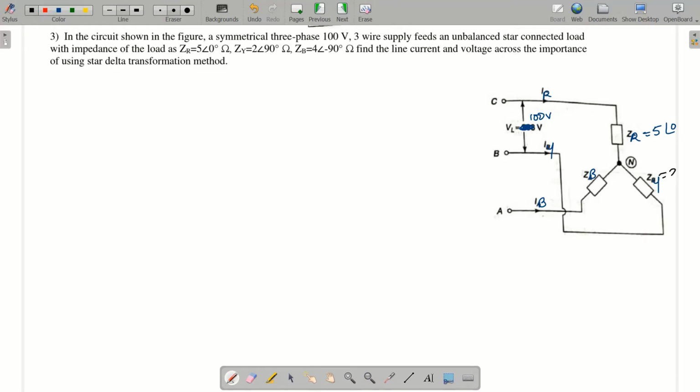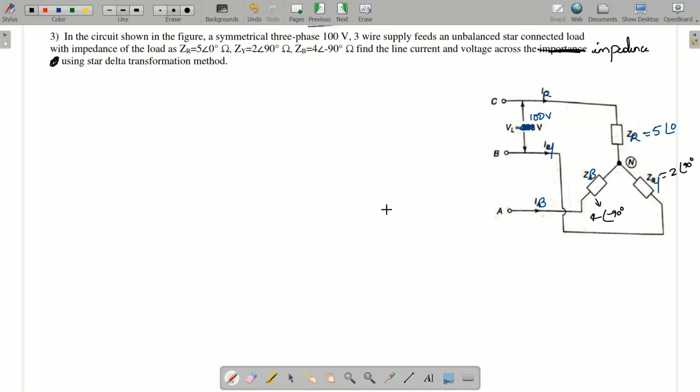ZY will be 2 at an angle of 90 degrees. ZB will be 4 at an angle of minus 90 degrees, means this is a pure resistor, inductor and pure capacitor. Then find the line currents and voltage across the impedance by using star delta transformation.